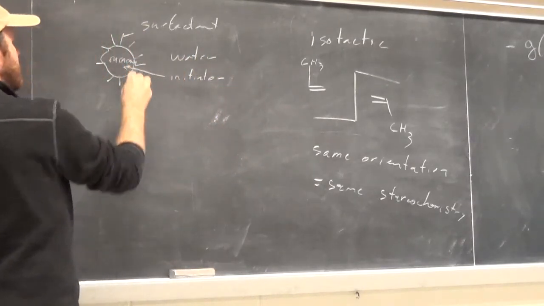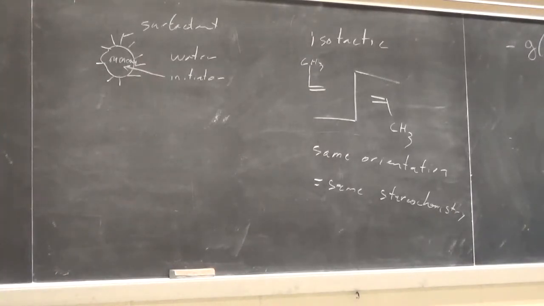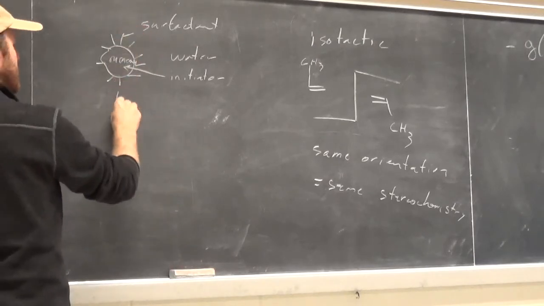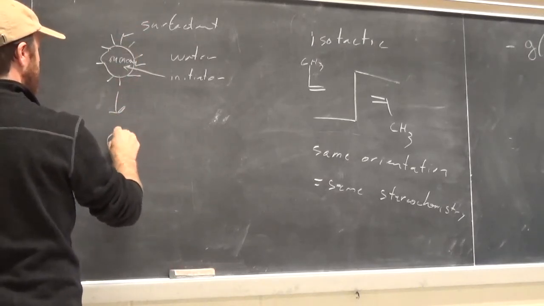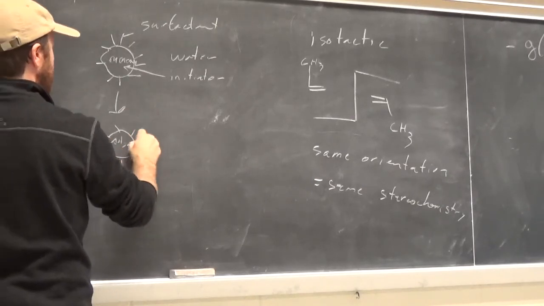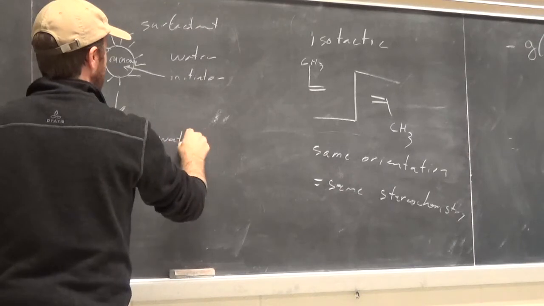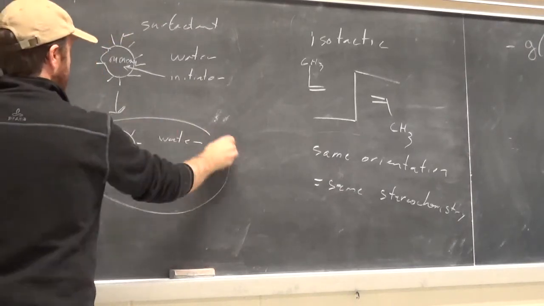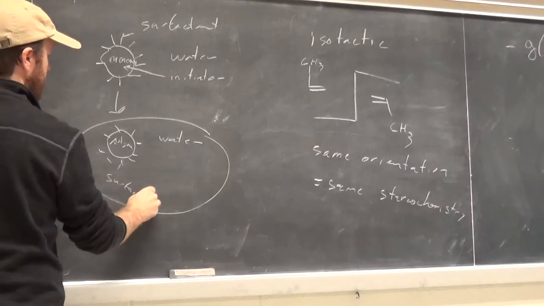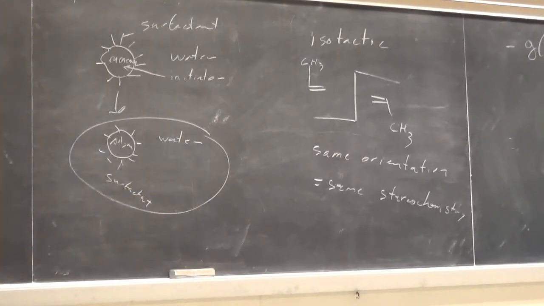The initiator diffuses into the monomer droplet and makes a polymer in there, and the polymer now is stabilized by surfactant in water. And what do we call this arrangement where we have polymer, surfactant, and water? What's that called?